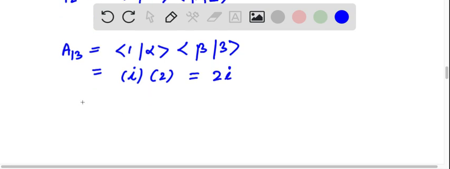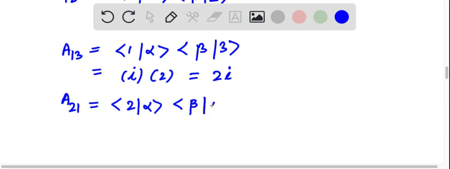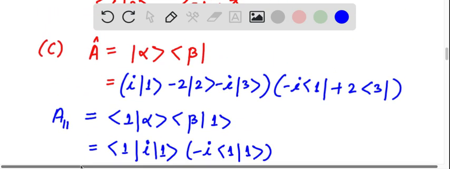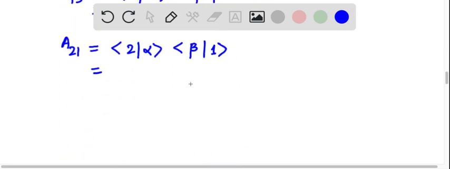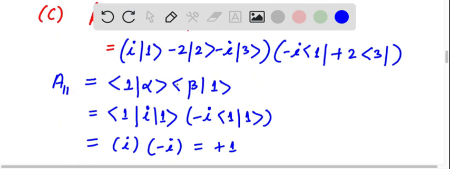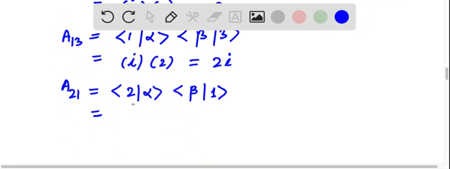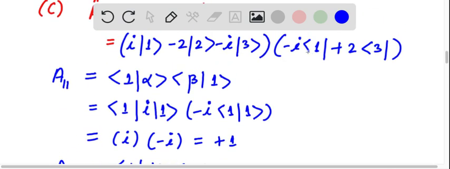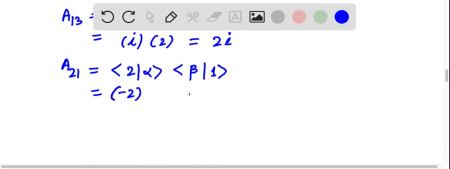Now we have to find A21. A21 will be ⟨2|alpha⟩⟨beta|1⟩. Applying this bra on alpha, the value will be minus 2, and ⟨beta|1⟩ is minus i.